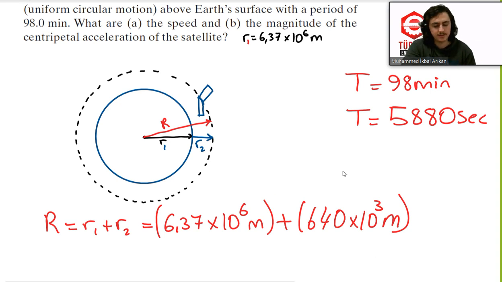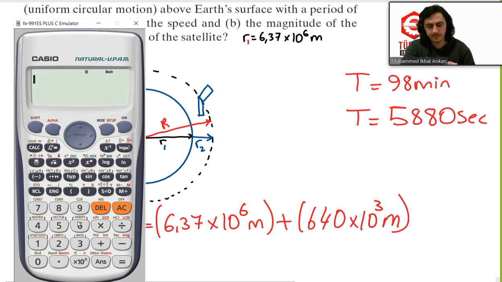So let's calculate the radius. The radius will be equal to 6.37 multiplied by 10 to the 6 plus 640 multiplied by 10 to the 3. So it's actually how many decimal places? 1, 2, 3, 4, 5, 6.